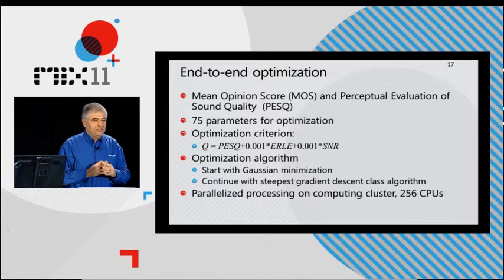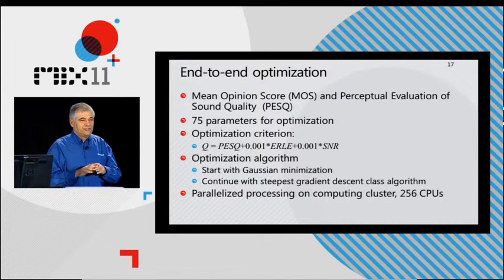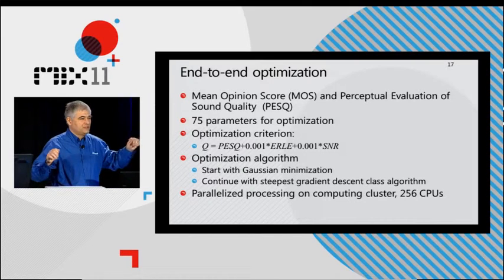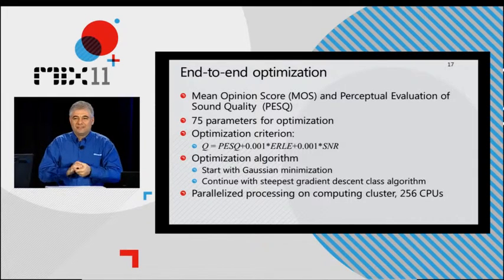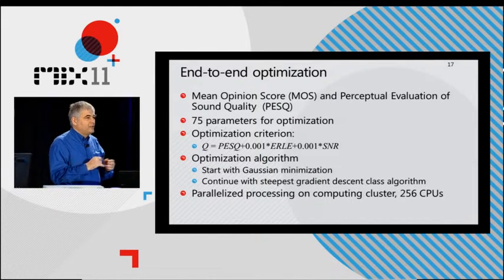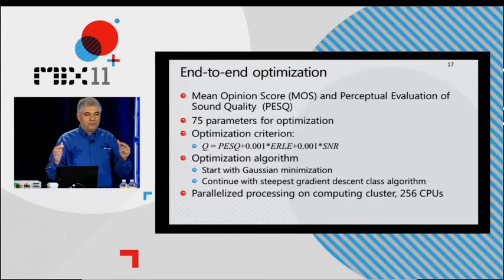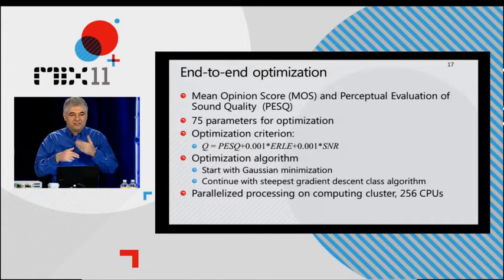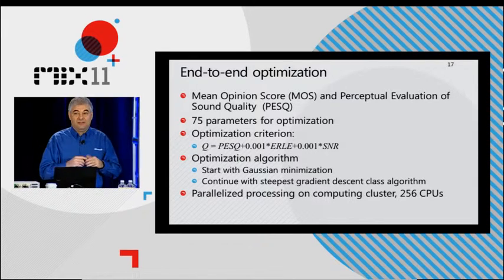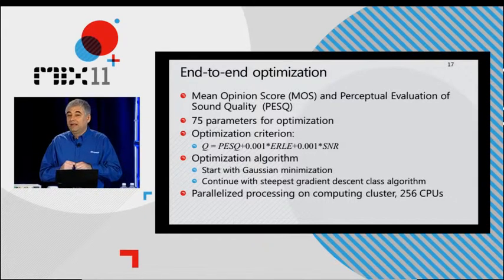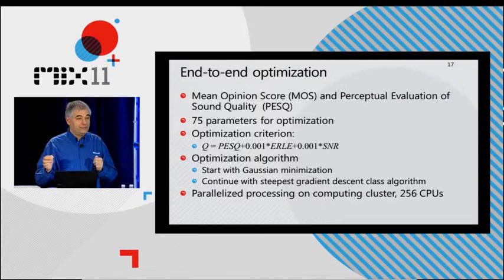And there are a lot of parameters inside those audio processing chains, like thresholds, time constants to update noise models, et cetera, which are kind of hard to estimate. And this is why we ask, okay, what we want to achieve. What we want to achieve is humans to perceive the sound on the output as the best possible quality, and the speech recognizer to be able to recognize as many words as possible.